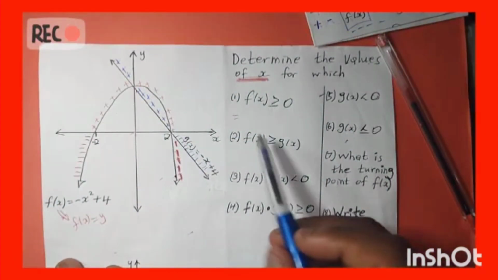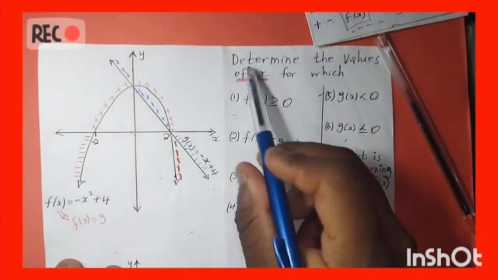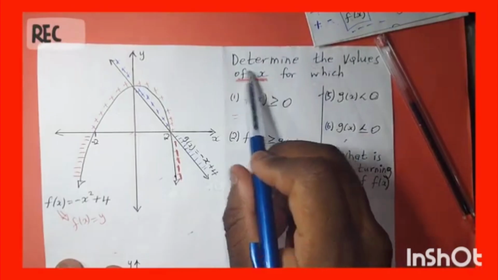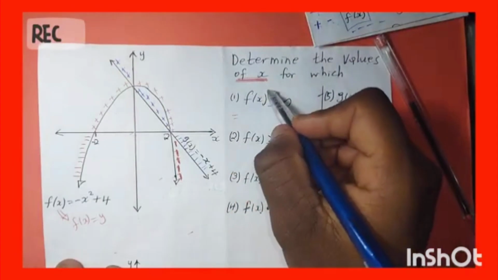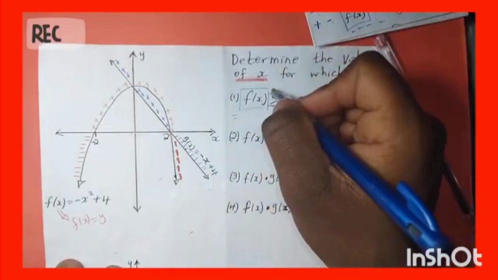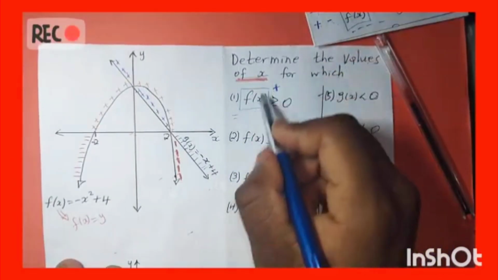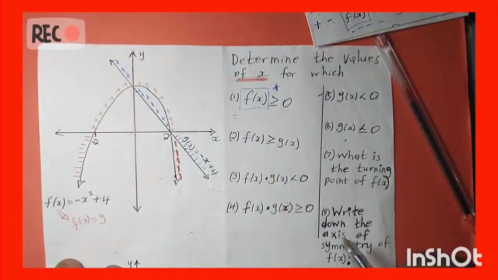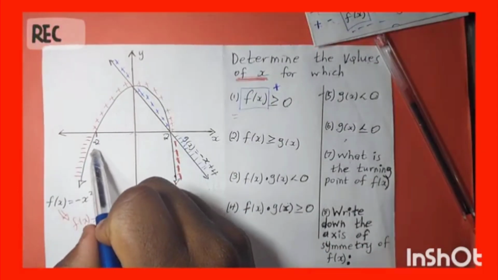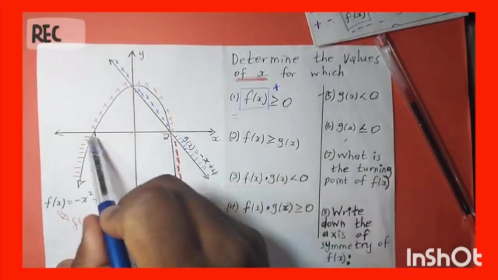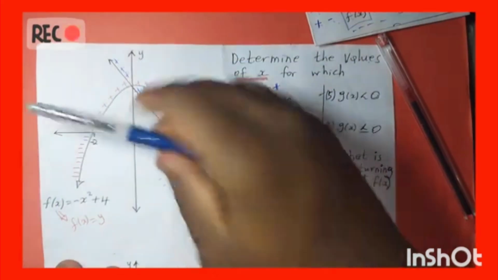Yeah. So now the question asks you, for which values of x will this graph be greater than 0? Meaning this graph must be positive because it is greater than 0. So if you notice, that graph between -2 and 2 will be positive here.